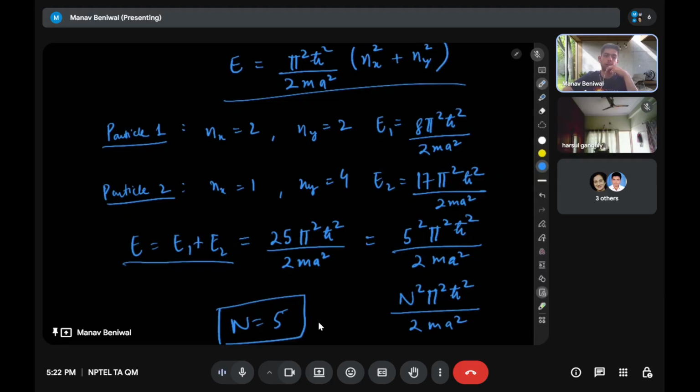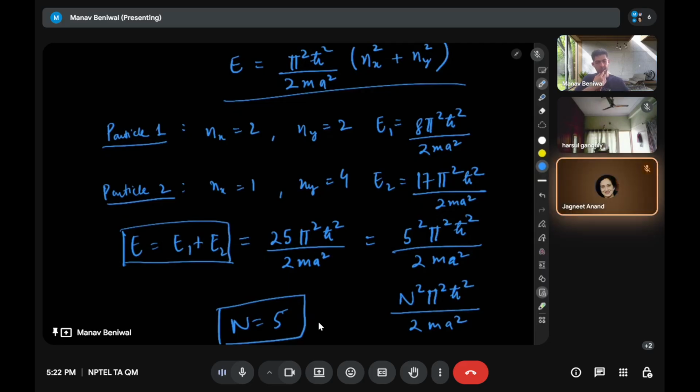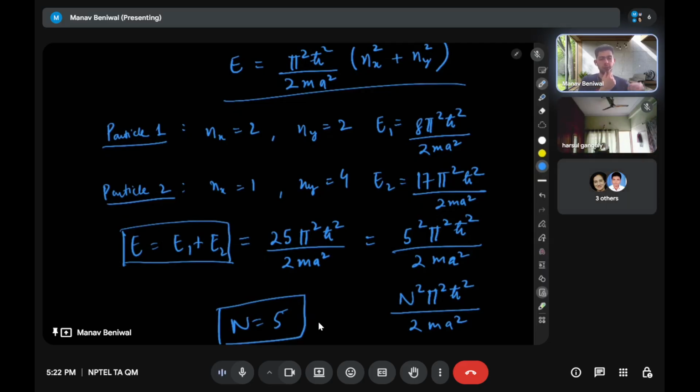For example, they might attract each other, then there will be some negative Coulomb energy. If they repel each other, then we will have some positive energy. Basically any interaction energy, positive or negative, we also have to take into consideration when we write the total energy E. Because they are non-interacting, we can just simply add their individual energies, because the interaction energy is 0.